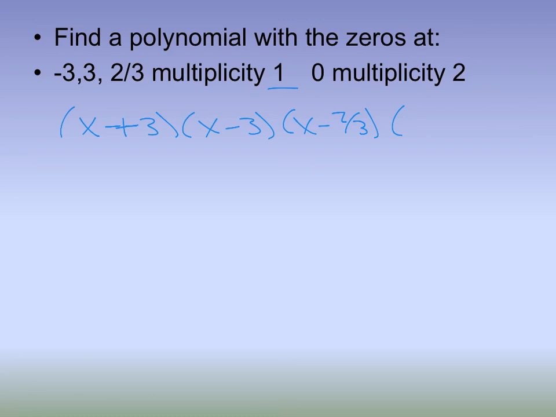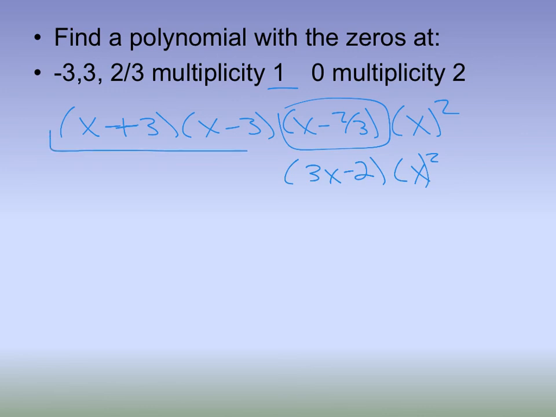And then finally, x minus 0 squared. I'm going to apply a similar trick here with this term because I don't like fractions, so I'll multiply each of those by 3, which will give me 3x minus 2 times x squared.